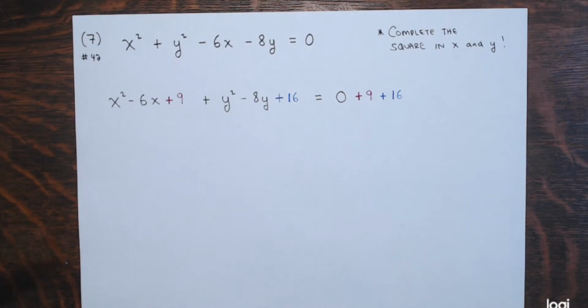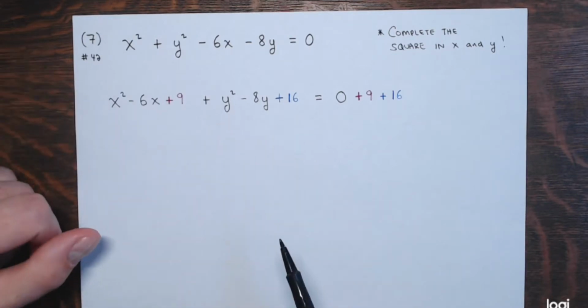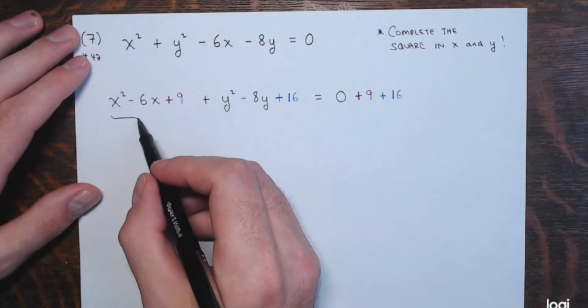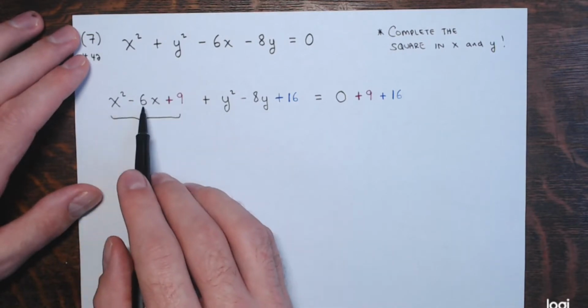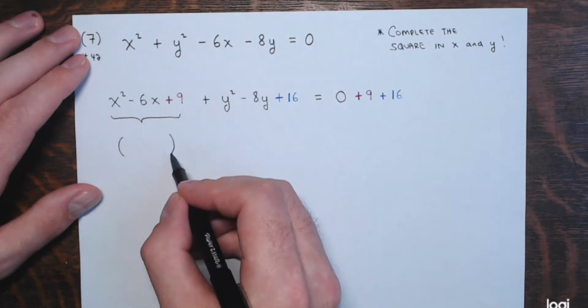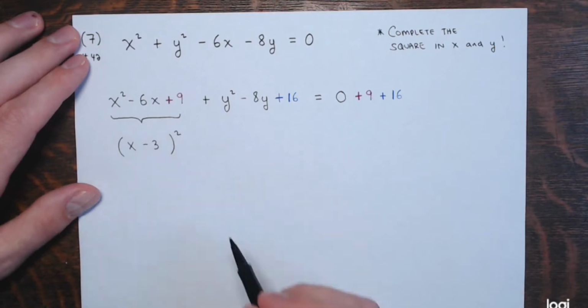Now the whole reason for adding this 9 and 16 is to get perfect square trinomials. We have completed the square on x. X squared minus 6x plus 9 can be expressed as x minus 3 squared.